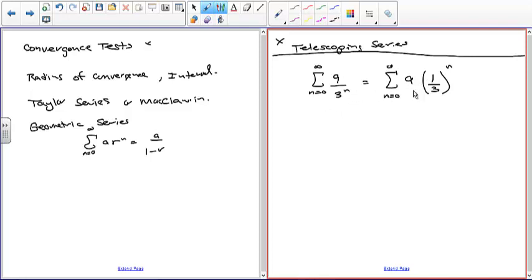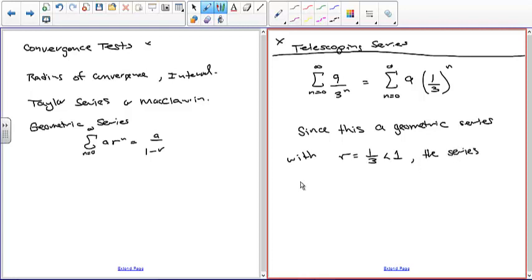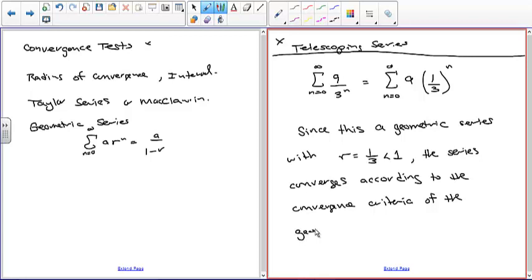So you would say something like, since this is a geometric series with r equal to 1/3, which is less than 1, the series converges, according to the convergence criteria of the geometric series test.